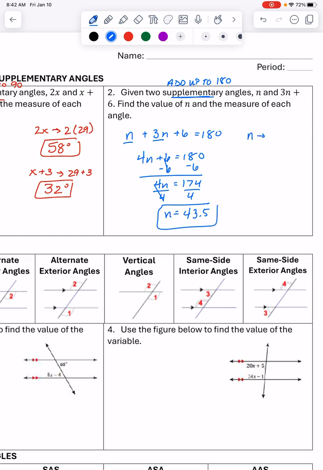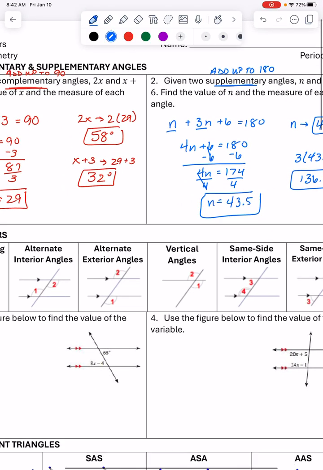So one of them is n, so one of them is 43.5. And then if we plug in 3 times 43.5 plus 6, right? Again, you'll have a calculator. If we plug that in, we get 136.5. Okay, and again, those two do add up to 180, so we're good to go there, all right?